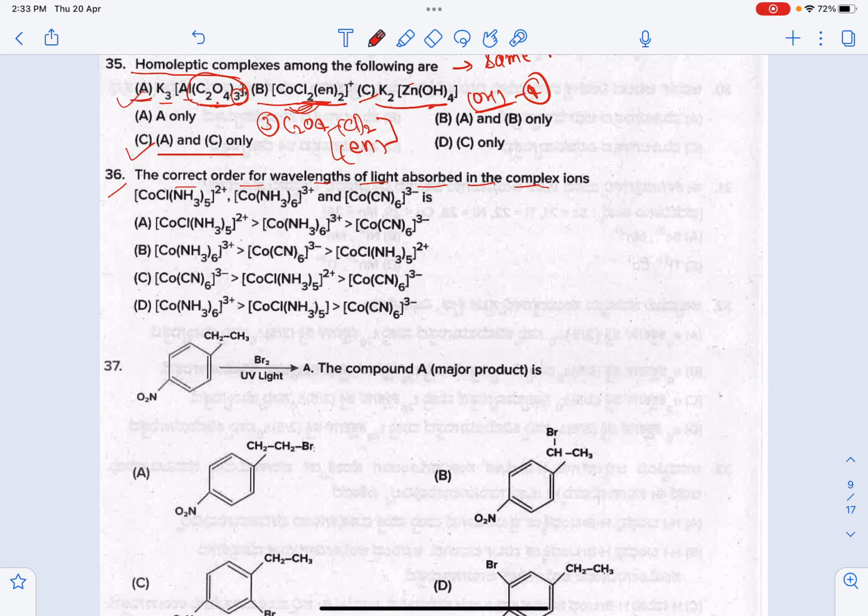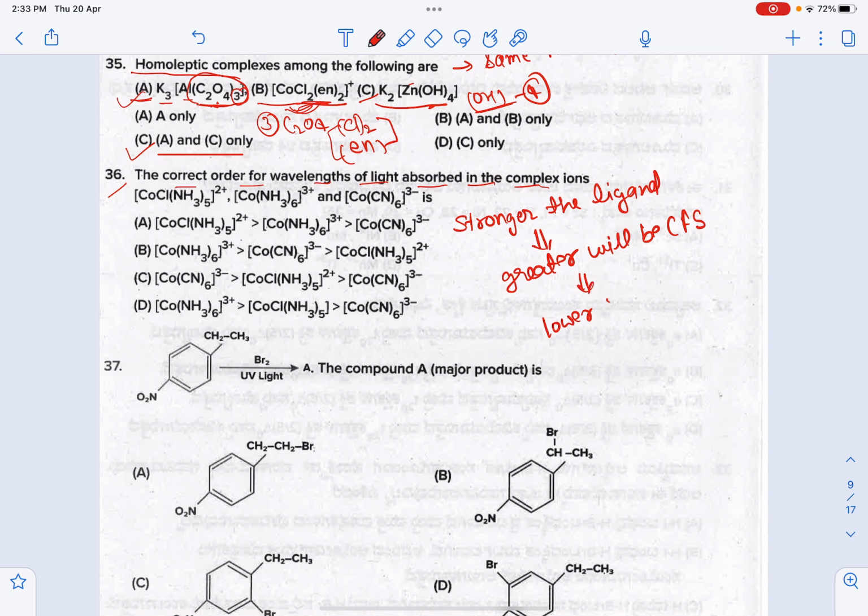Just remember one thing: the stronger the ligand, the greater will be the crystal field splitting, and the lower will be the wavelength of light absorbed.